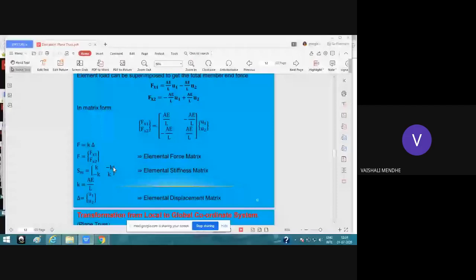This matrix we got after the derivation by considering a simple member, and this matrix will be applicable for every member in the structure, only for the stiffness matrix along the member axis. So this is the first derivation, where we have found the stiffness matrix along the member axis.